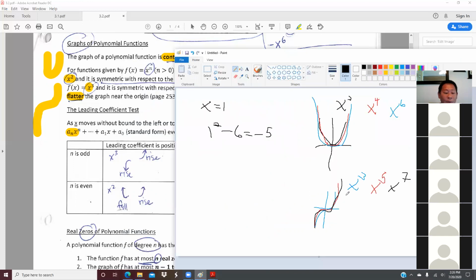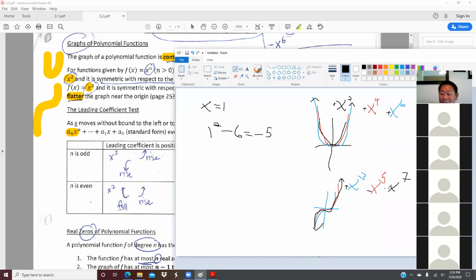If you have a power 3 or power 5 or power 7 and your leading coefficient is positive, you find out that one arrow goes up and one goes down, and it's always like that. Okay. What happens if you have an even power like x squared? If the leading coefficient is positive, then you find out that both of these will go up. You see that?